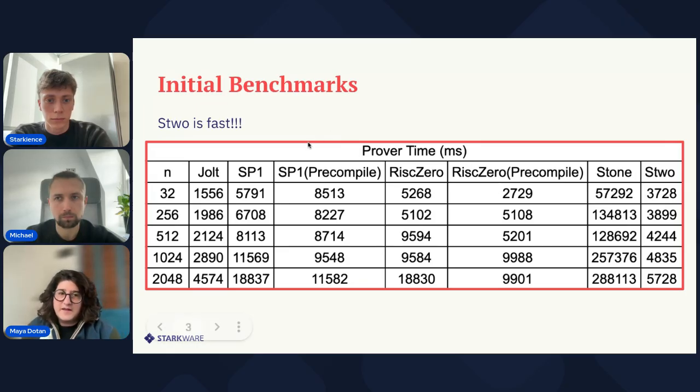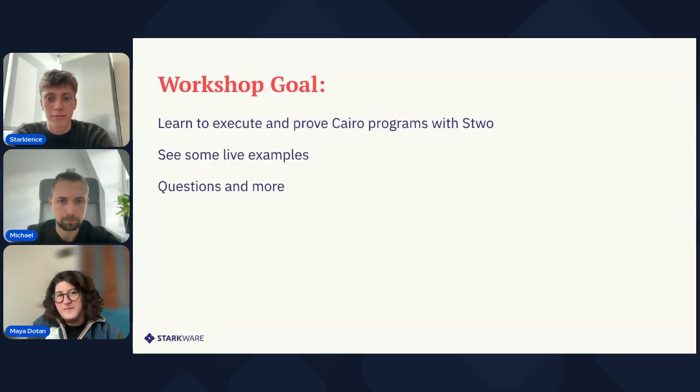This is a benchmark for SHA-256, and we see that it outperforms both RISC-0 and SP1, even though many optimizations have yet to be included in STWO. So with Cairo code, it beats RISC-0 precompiles and also SP1 precompiles. So we're very excited to present it.